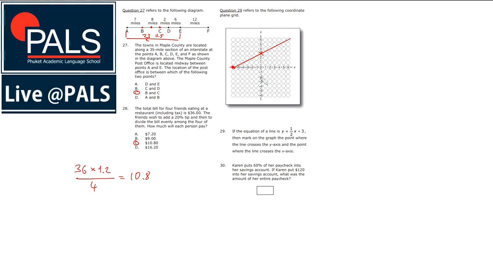So how could we do this? Now we know that the slope is half. So that means that y increases by 1 when x increases by 2. We have to go 2 steps in x to increase 1 step in y.